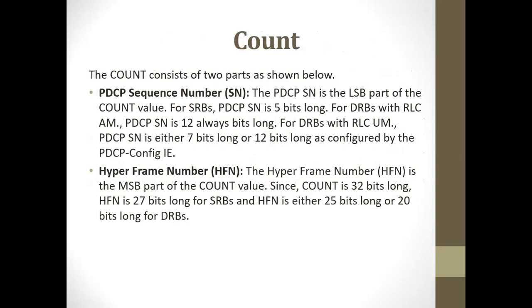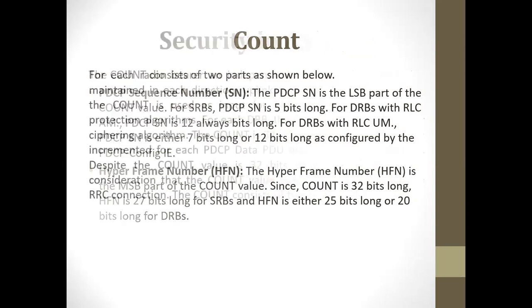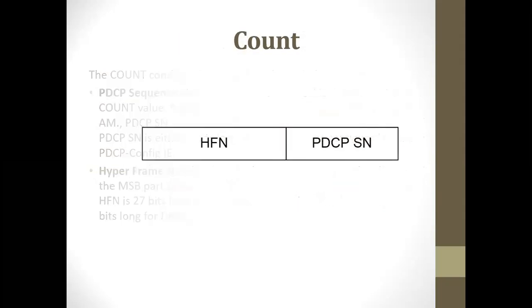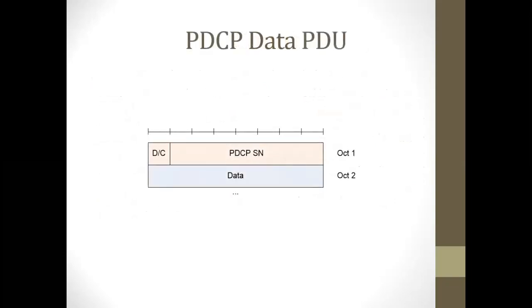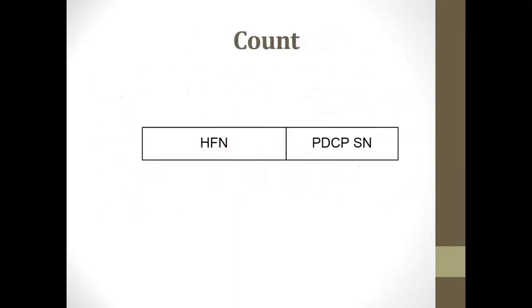Every time the PDCP SN wraps around, the HFN part is incremented on both the transmitting and receiving sides, which keep track. When the PDCP-SN wraps around, you start from the beginning. They assume that the HFN part has been incremented. Accordingly, they calculate the count, and that count is used in the security algorithm. This way, you use limited overhead, saving your bandwidth.